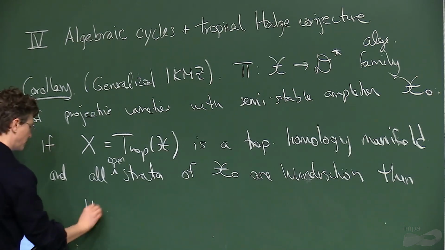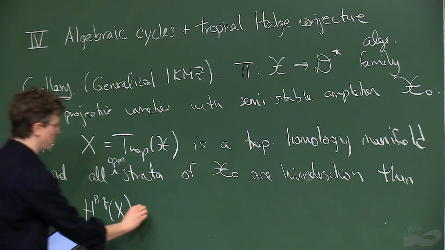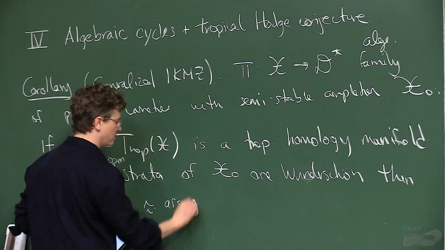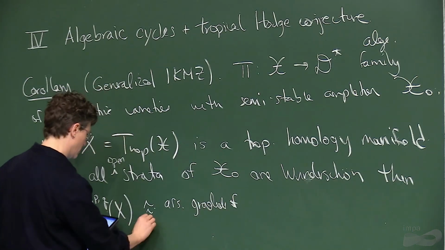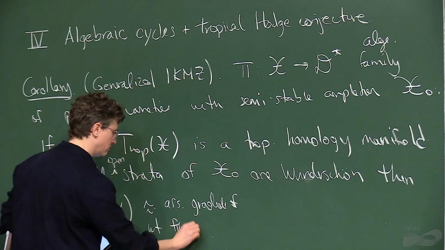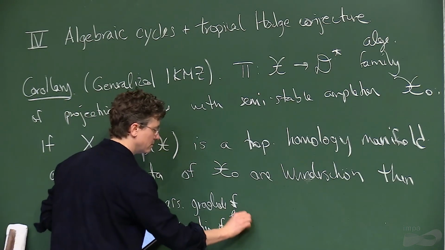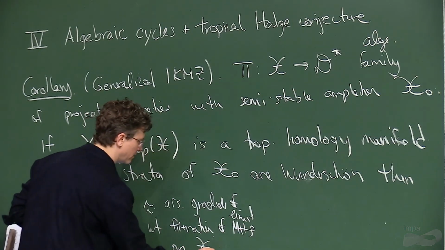So I won't write it out in full detail, but these are isomorphic to the associated graded pieces of the weight filtration of the mixed Hodge structure, the limit mixed Hodge structure on this whole family.